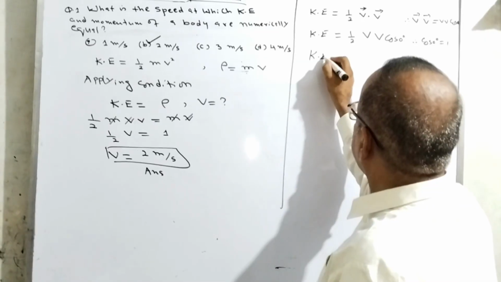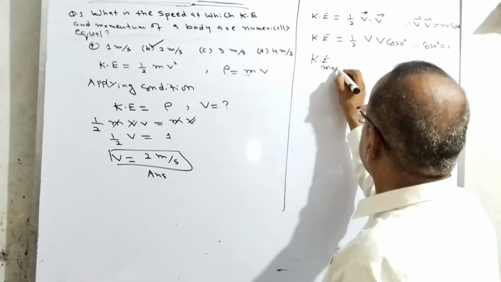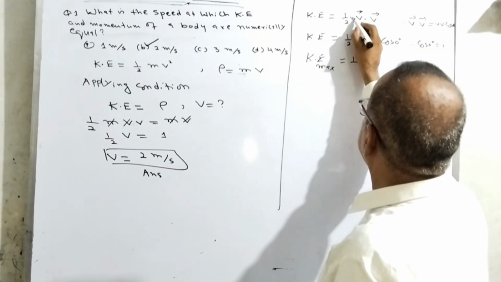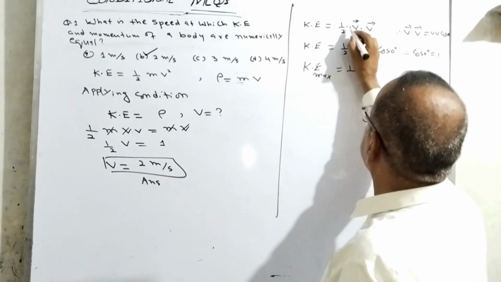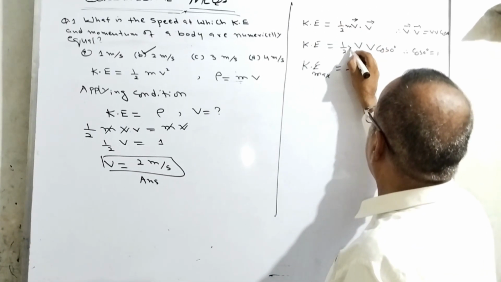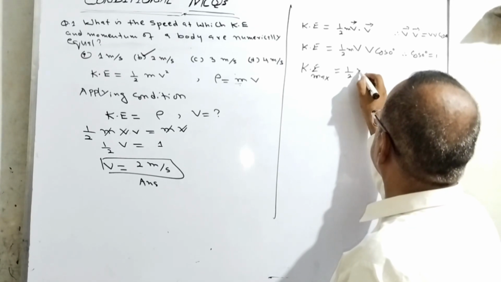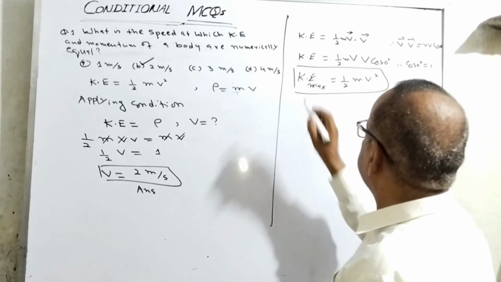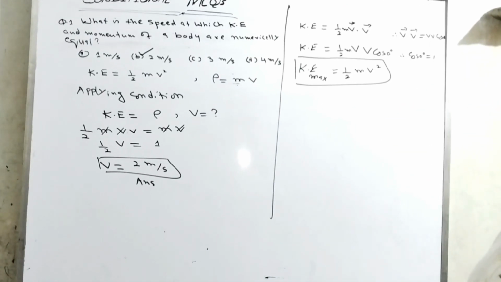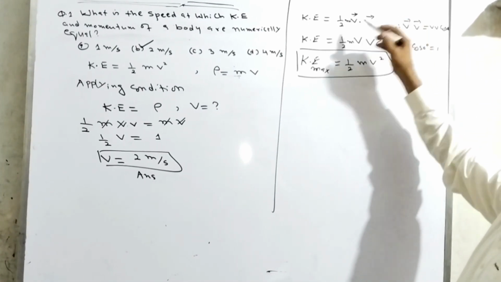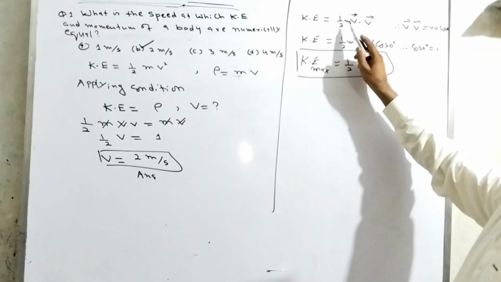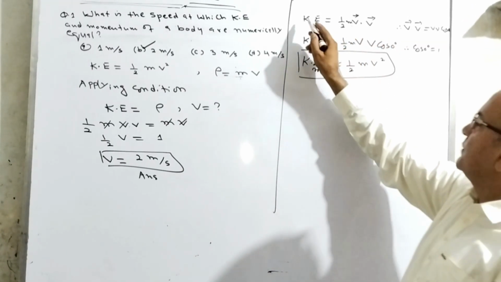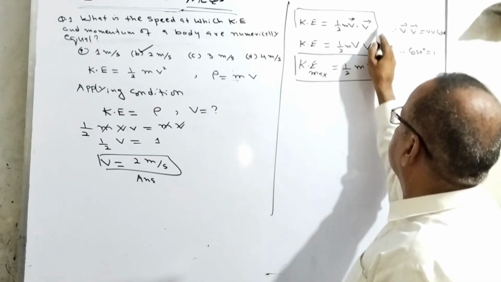Then the maximum kinetic energy is equal to half of mass times the square of speed. So this is the formula of maximum kinetic energy, and the one which is half of mass times the dot product of velocity and velocity is the formula for kinetic energy only.